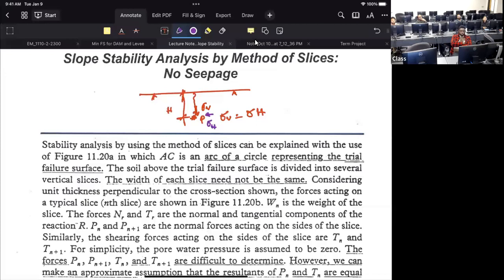Because to explain the sigma H, you introduce a factor. You don't learn the factor to introduce the sigma V and sigma H, because sigma V and sigma H are always there. You need to understand how to convert between sigma V and sigma H. So if you want a conversion factor to convert from sigma V to sigma H, then you need to introduce a coefficient, right? That's how the coefficient comes into play.